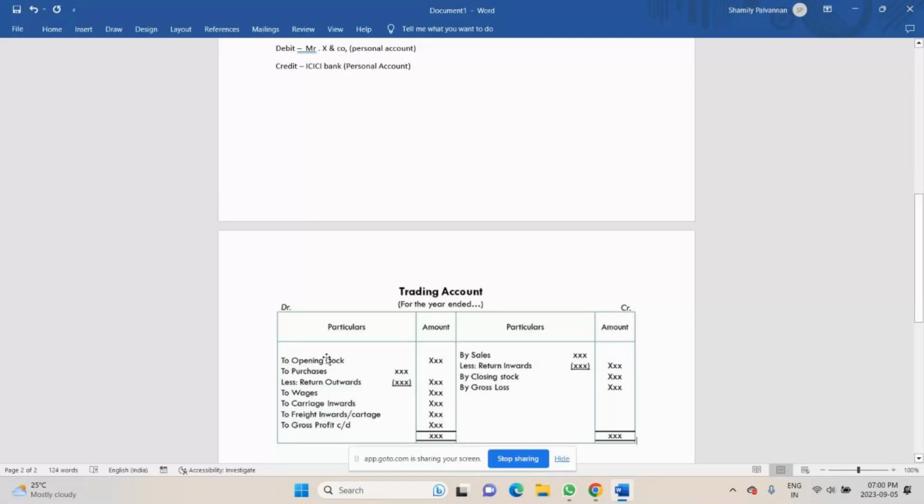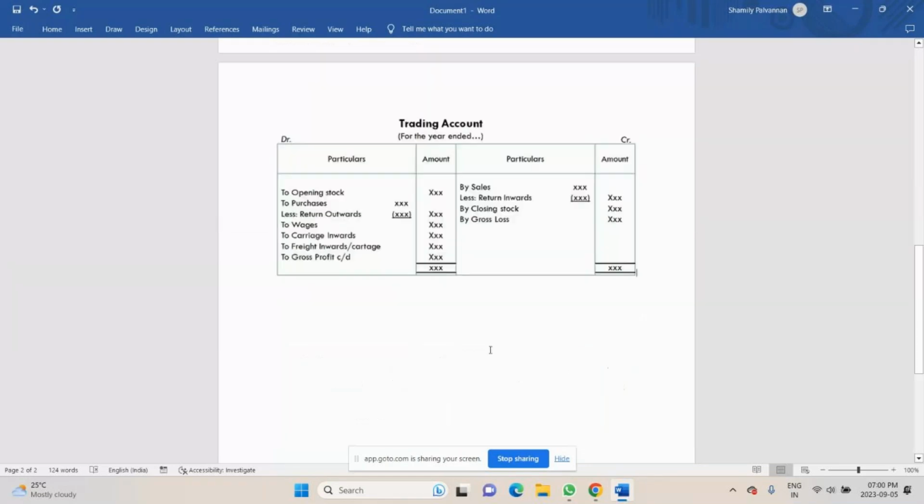So what we will do is, if it is a startup company, directly we will show what purchases and what sales we made. If it is an existing company, meaning a company which has been running for two or three years, or from the last year, this is how we will be using it.